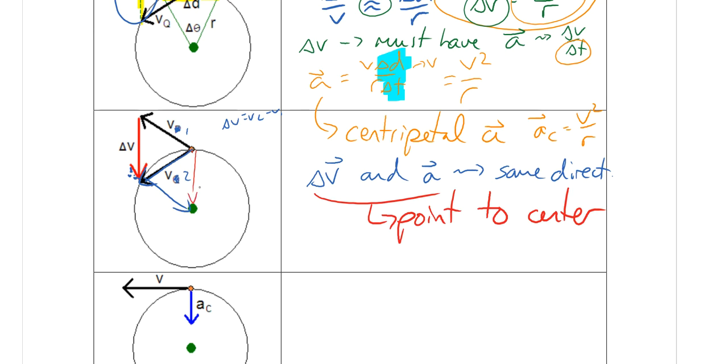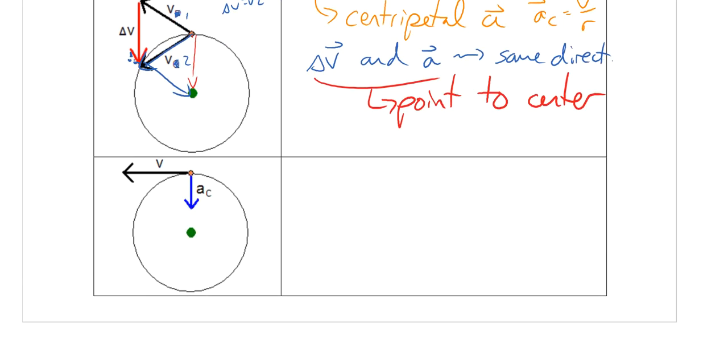All right, so this whole change in v and acceleration actually point to the middle of the circle, which is what the last picture shows. So you've got the velocity and you've got the acceleration, and these two are perpendicular to each other.